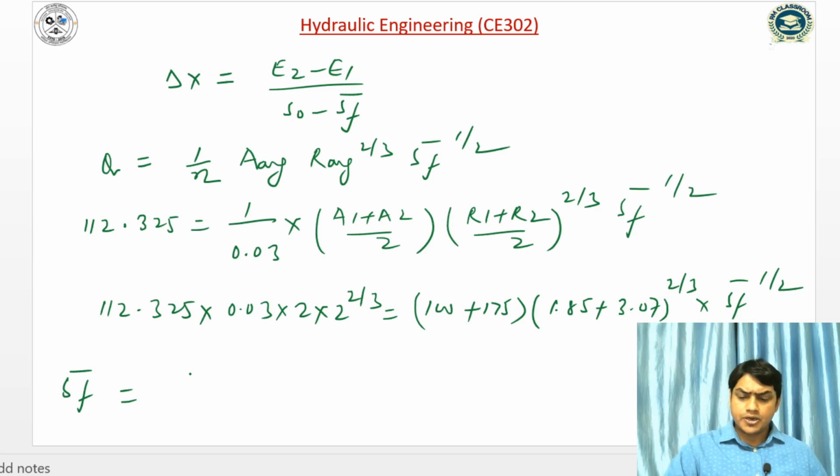So it will be 1.808 into 10 to the power minus 4.